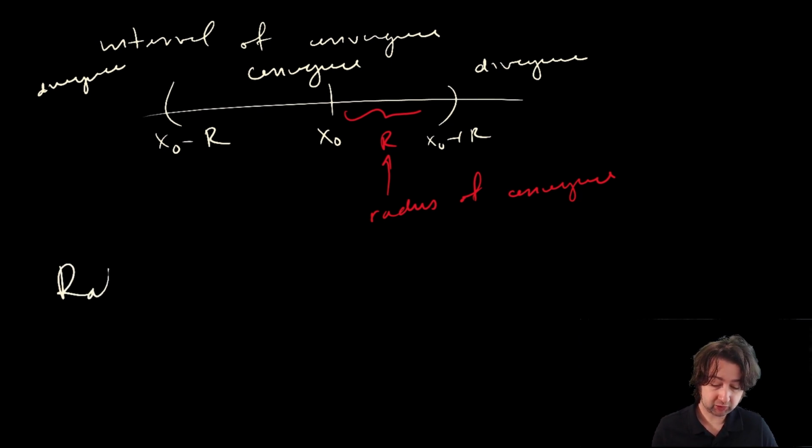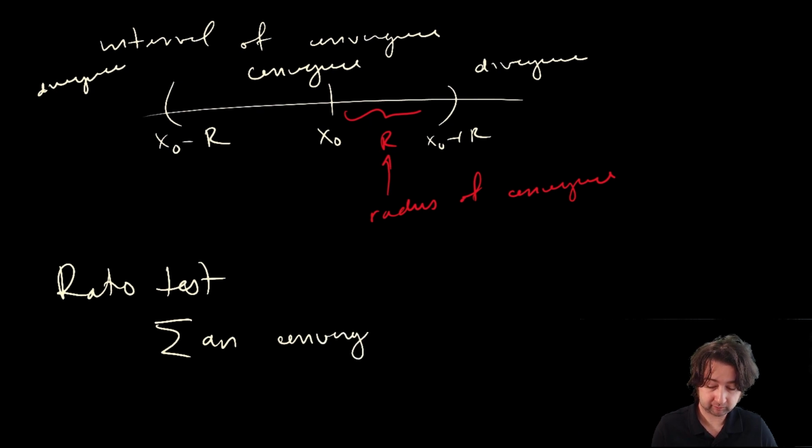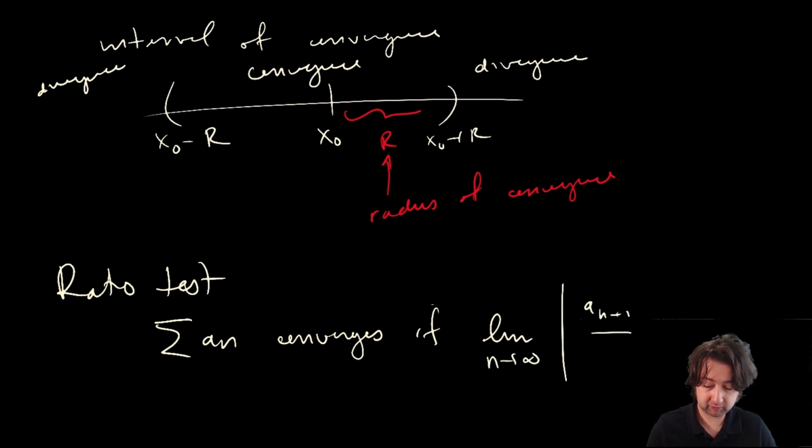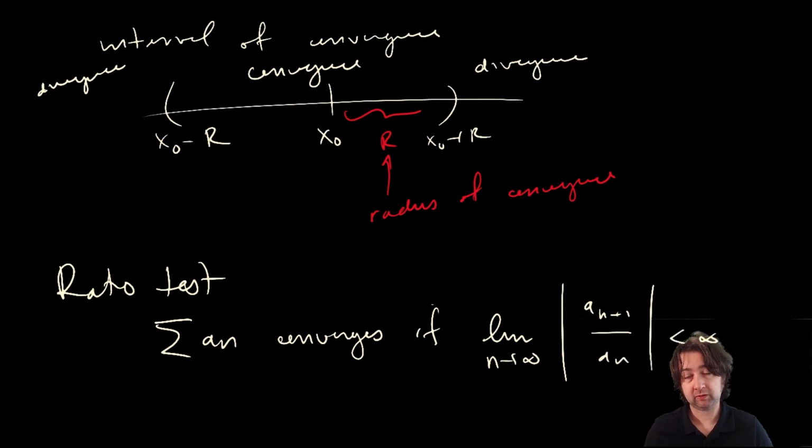So remember what the ratio test says is that the sum of a_n converges if the limit as n goes to infinity of the absolute value of a_(n+1) over a_n is a finite number. So if this limit exists and is finite, then it turns out that the series converges.